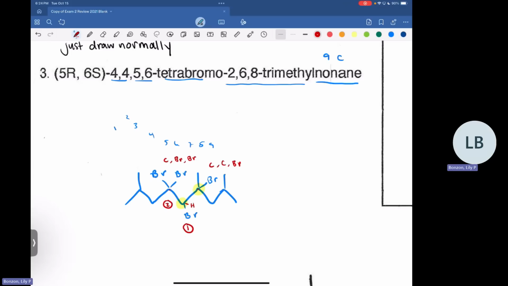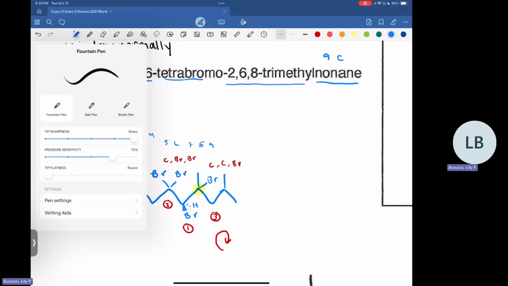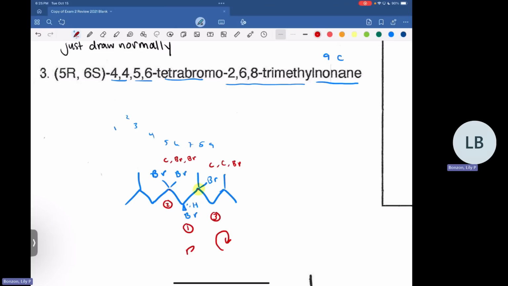Compared to the hydrogen, the group on the right is obviously going to be a higher priority. We're going to have 1, 2, 3. So we do our arrow. That's going to be R. We want this to be R, so that's good. We're going to draw our bromine on the wedge and our hydrogen on the dash, so we don't flip it.